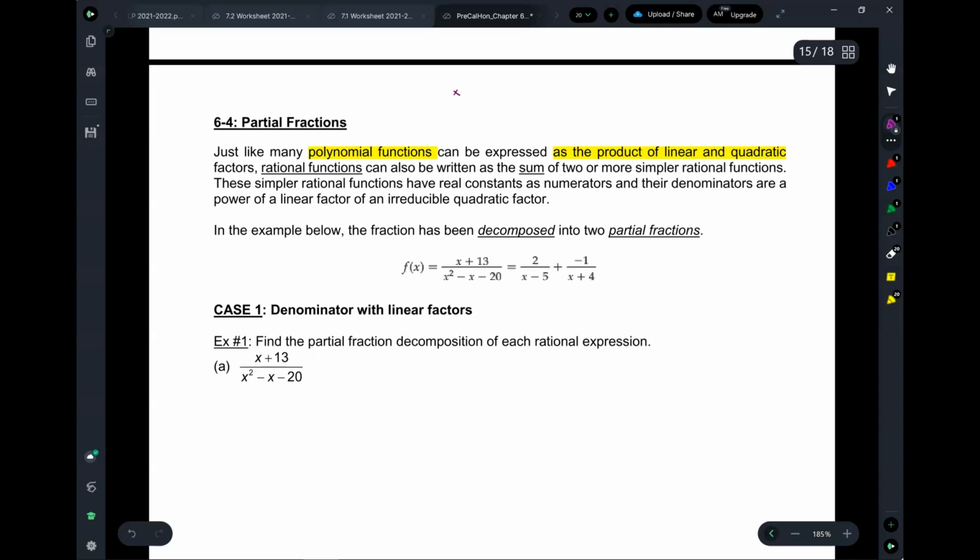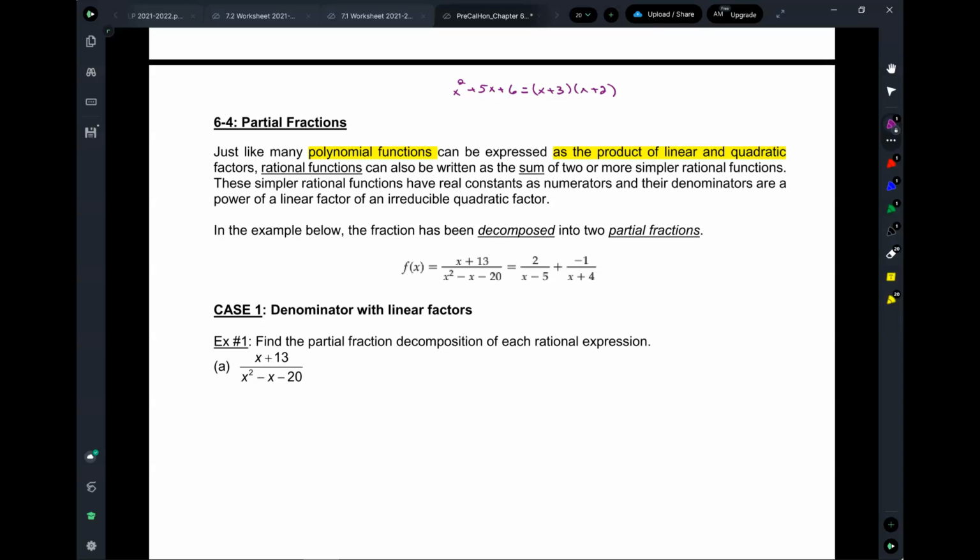So for example, x squared plus 5x plus 6 is a quadratic function, but I can write it in terms of two simpler linear factors, right? Which then multiply to get x squared plus 5x plus 6.